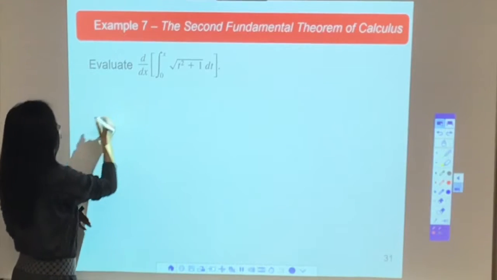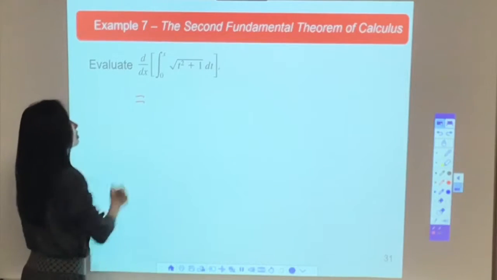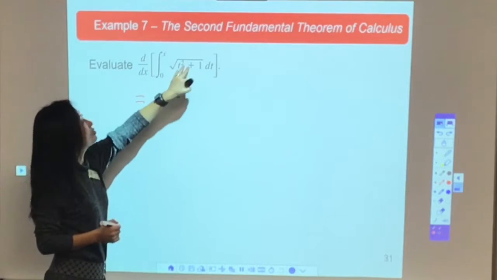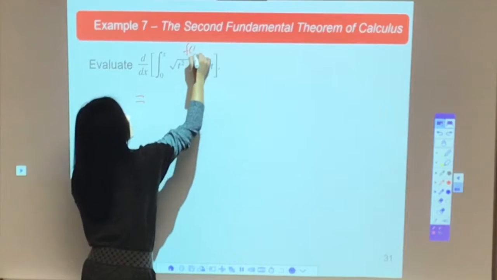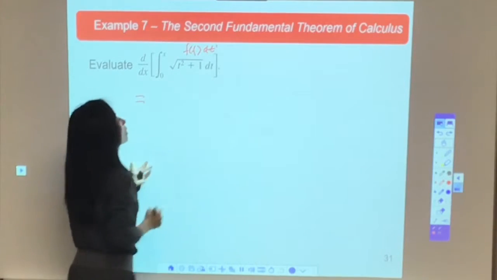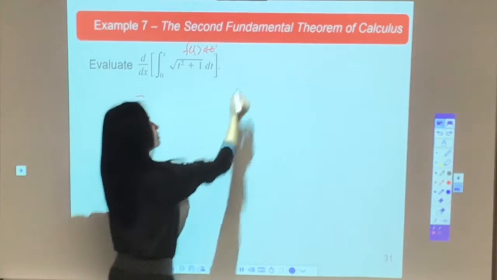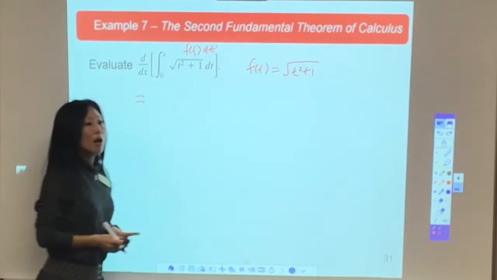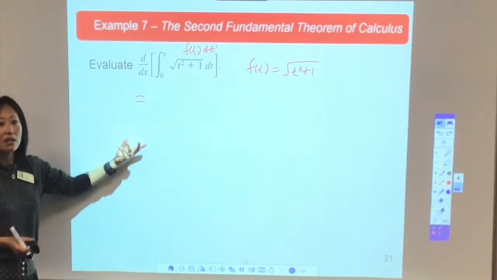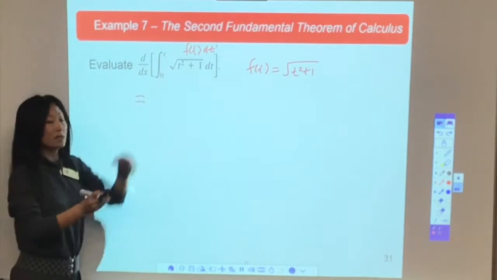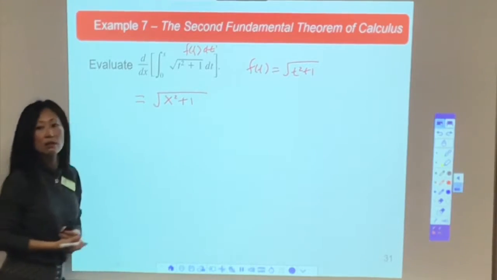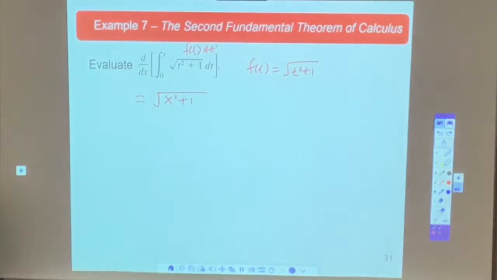According to this, I can pretty much just change this one, they can cancel out. This function right here is f of t. So I will replace that with which variable? x. So my answer is simply x squared plus 1. That's it. I just replace the t with x.